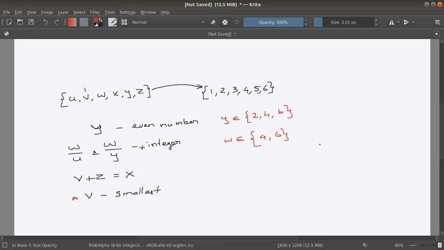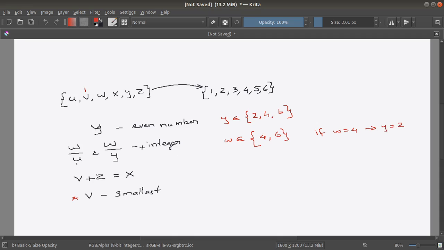Okay, let me do this. Okay, got some room. Now if my w is equal to 4, okay, then what I can say about y? So only 2, the 4 is divisible by 2, right? Among this set, I can say the 4 is divisible by 2, so that will lead me to assign a value to y as 2.